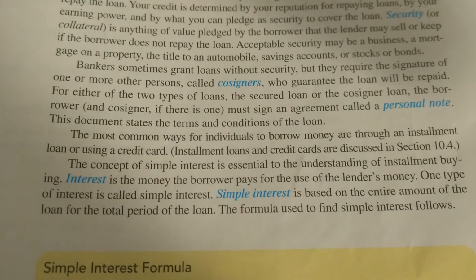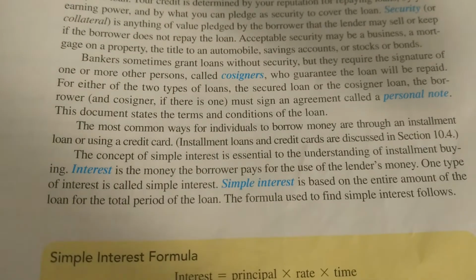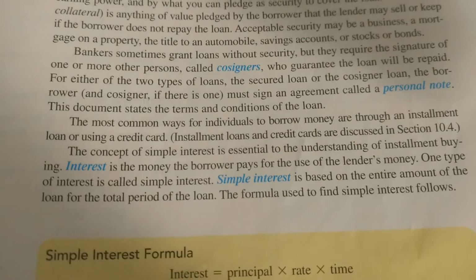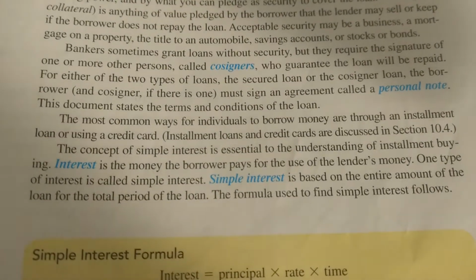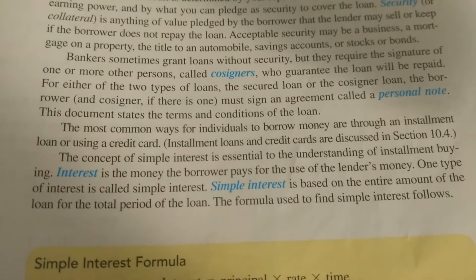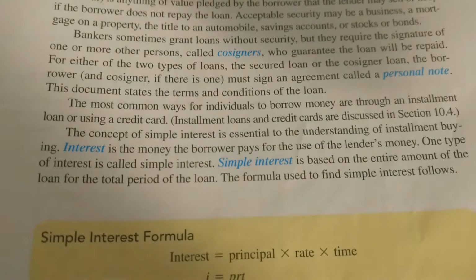For either of the two types of loans, the secured loan or the co-signed loan, the borrower and co-signer, if there is one, must sign an agreement called a personal note. This document states the terms and conditions of the loan.